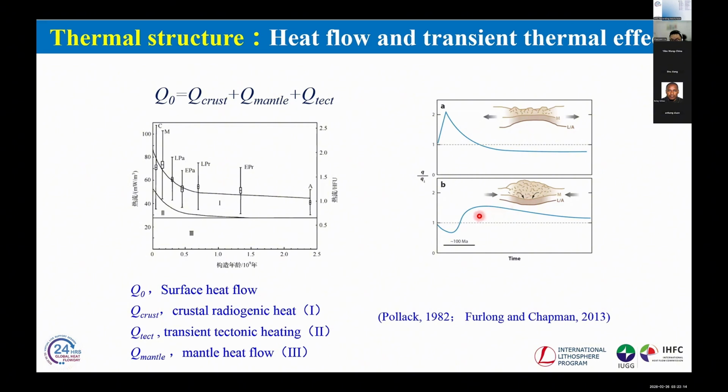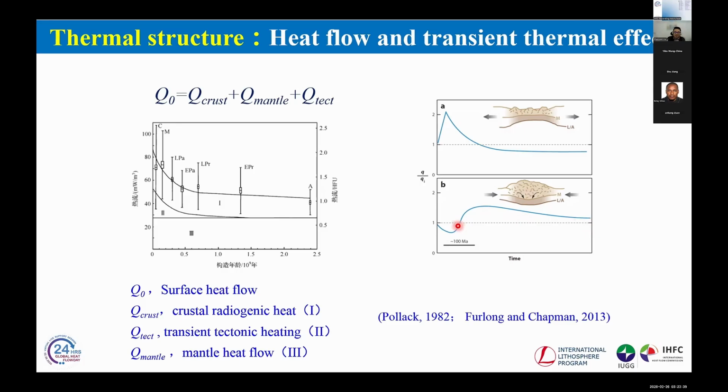After that, the heat flow can increase a little bit gradually, because with the thickness of the crust full of radiogenic elements, the crust heat flow can come from the radiogenic heat. So finally the heat flow is a little bit larger than the original one.